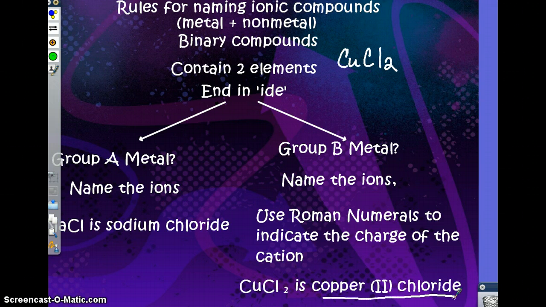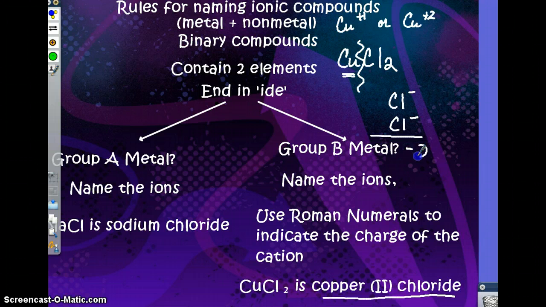Well, copper can be +1 or +2. So I need to look at the formula to determine which of those copper ions we have in this compound. Now, since I know that chlorine always forms an ion with a -1 charge, and there are 2 chlorines in that compound, that means that on the chlorine portion of this compound, I have a -2 charge.